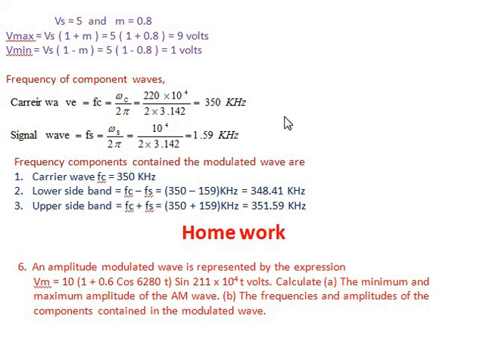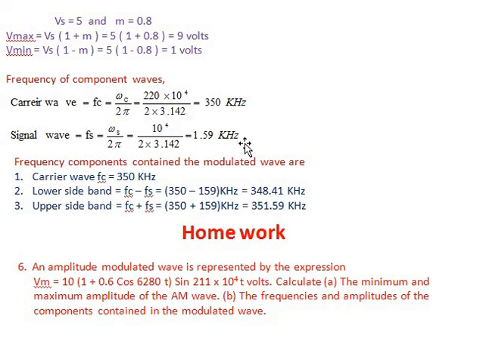Okay, so next is the signal wave frequency we have to find. Fs is equal to omega s divided by 2 pi. They gave omega s, so substitute, it is equal to 10 raised to 4 divided by 2 into 3.142. If you find the solution for this, it is going to be 1.59 kilohertz, dear students.